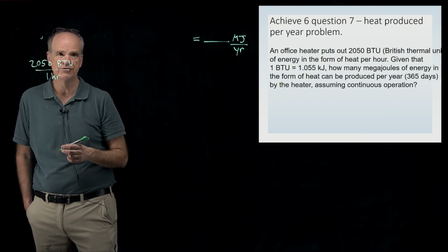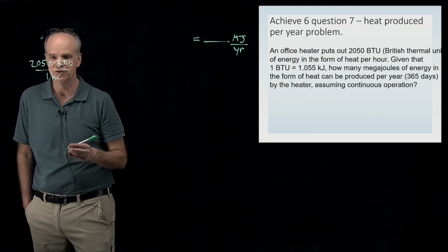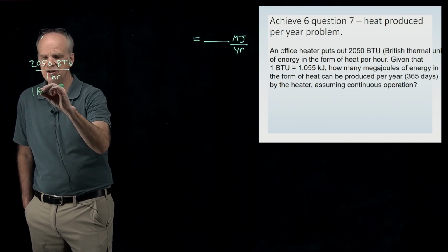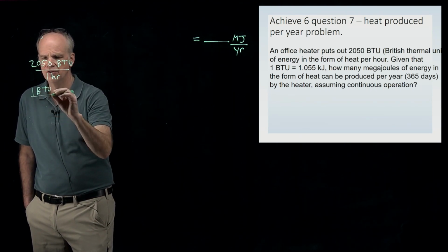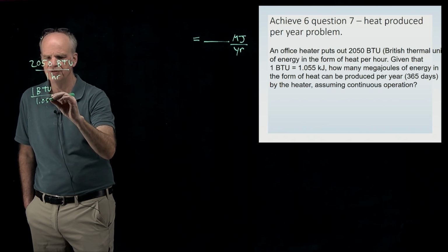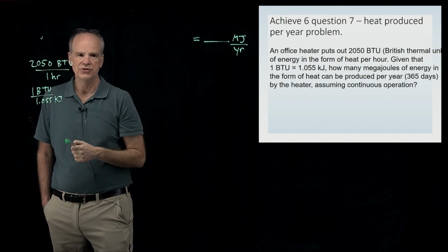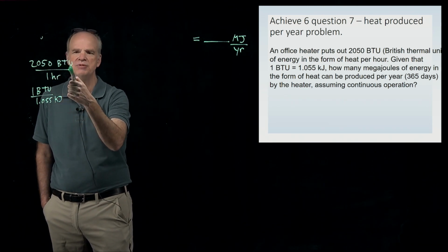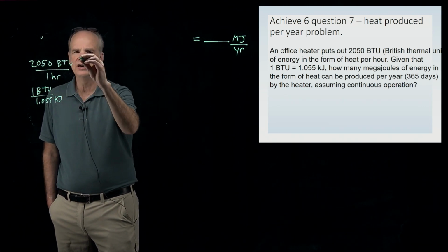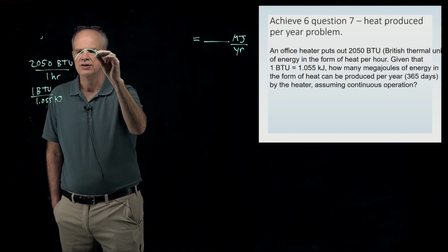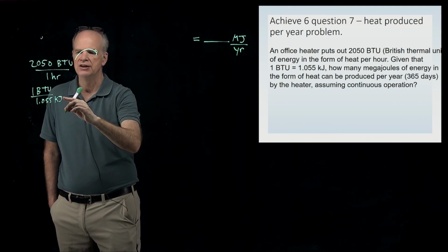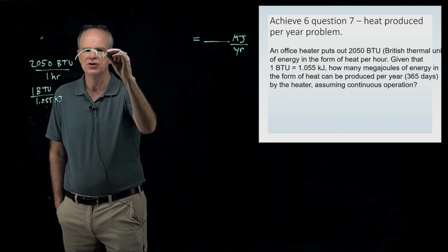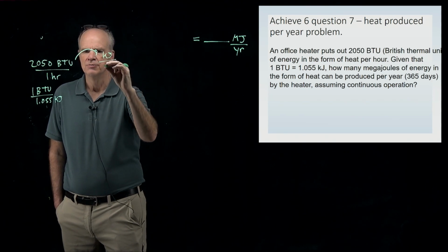We're given a conversion from BTUs to kilojoules. So it's 1 BTU over 1.055 kilojoules. This is how I suggest you solve the problem. I suggest you start out with 2050 BTUs per hour, and then what you want to do is use this conversion to get this into kilojoules per hour.